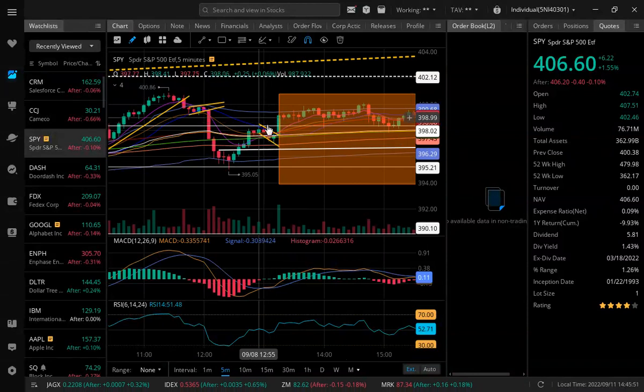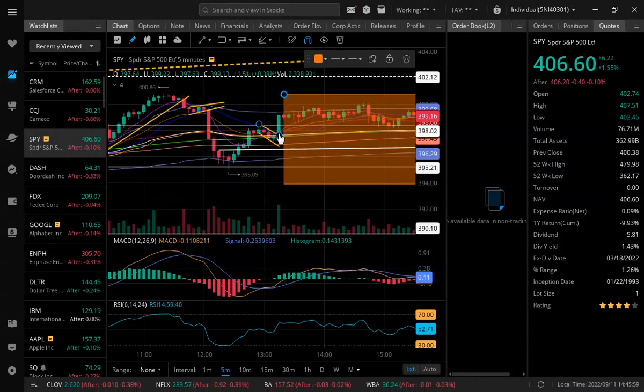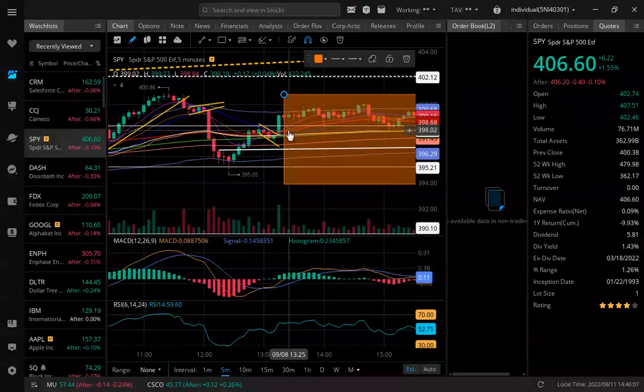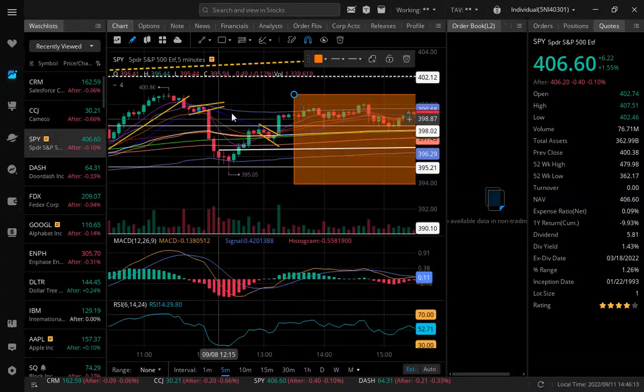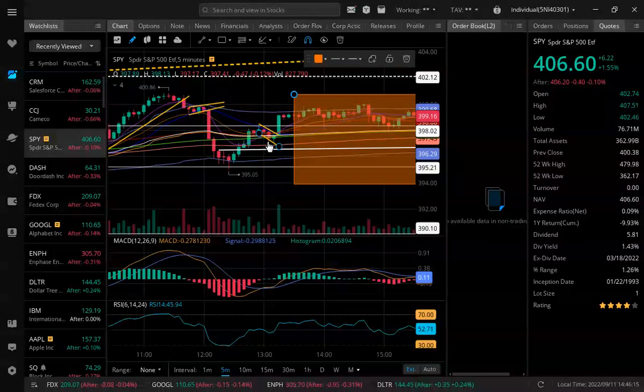Now we're just waiting on a break above this bull flag. All right, we got our break above the bull flag, which is also confirmed by this 8 crossing back above the 21 EMA. So that's your fourth call indicator.